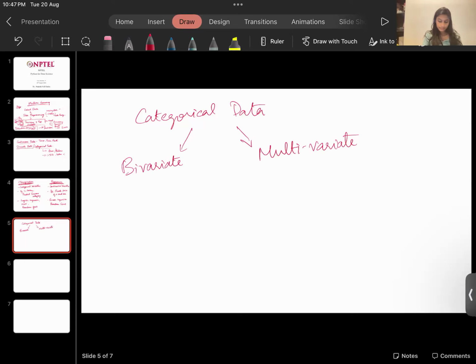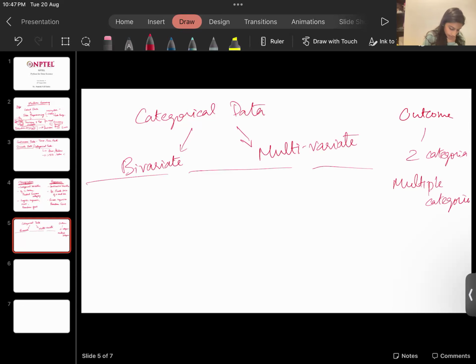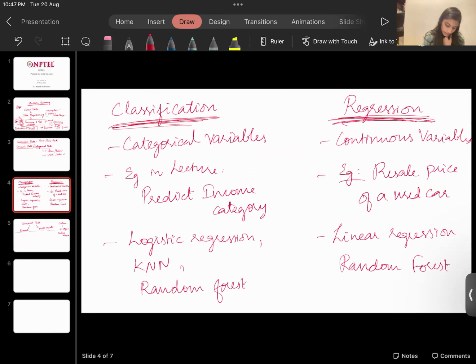By this I mean that the outcome could fall into two categories or multiple categories. I can also give an overview of what each method is.